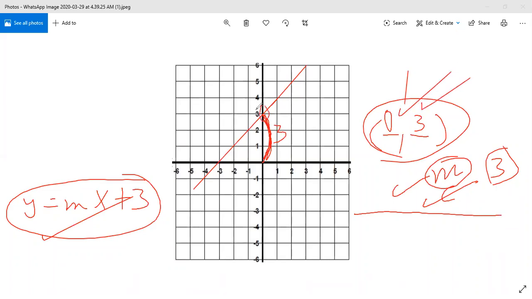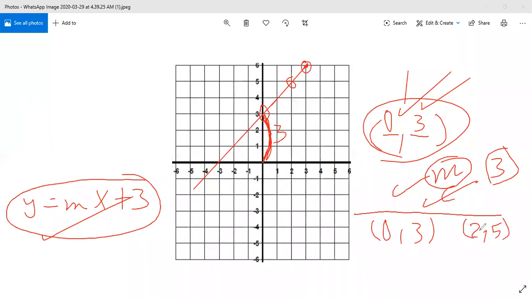What else? Yasmin, what are the coordinates of this point? 2 and 5. 2 and 5 is true also. So we can use 0, 3 and 2, 5.